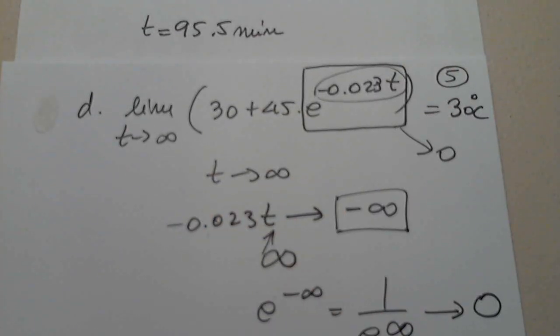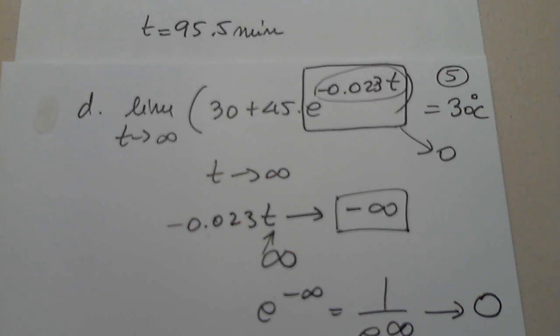If this was somewhat abstract for you, all we have to do is go to the calculator, punch the function in, which you already have. That's another reason why you should always have the function punched in, and just plug in numbers, bigger and bigger. So I'm just going to plug in 2,000 minutes.